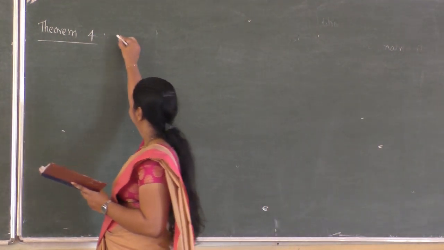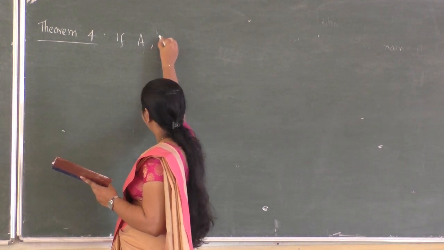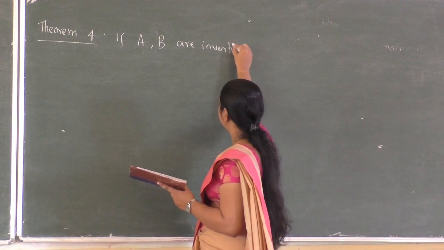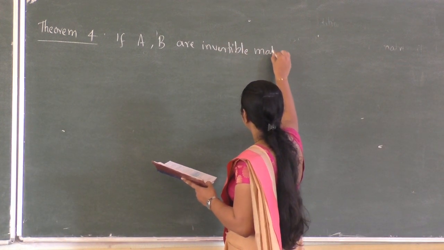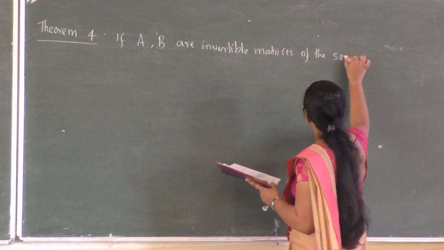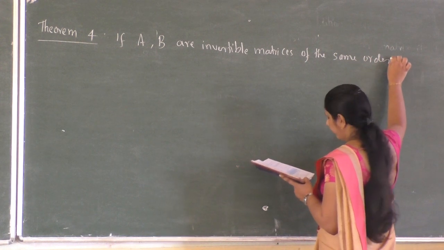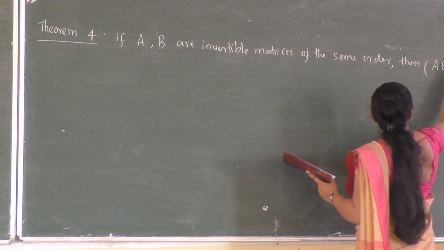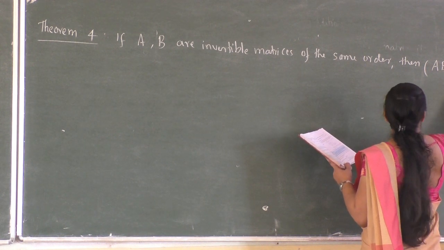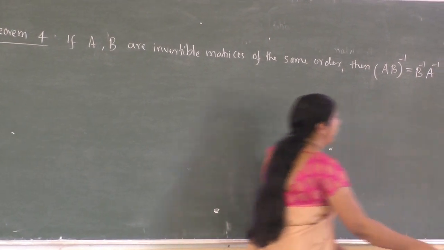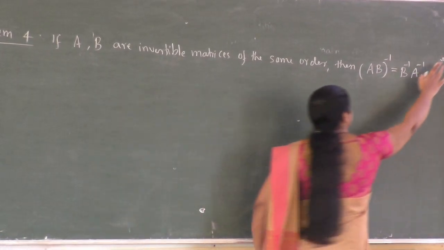The statement is: if A and B are invertible matrices of the same order, then (AB) whole inverse is equal to B inverse into A inverse.